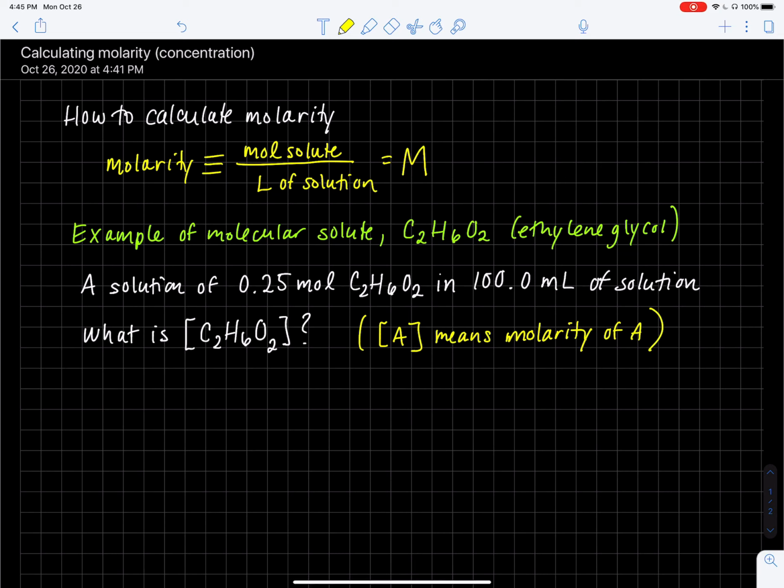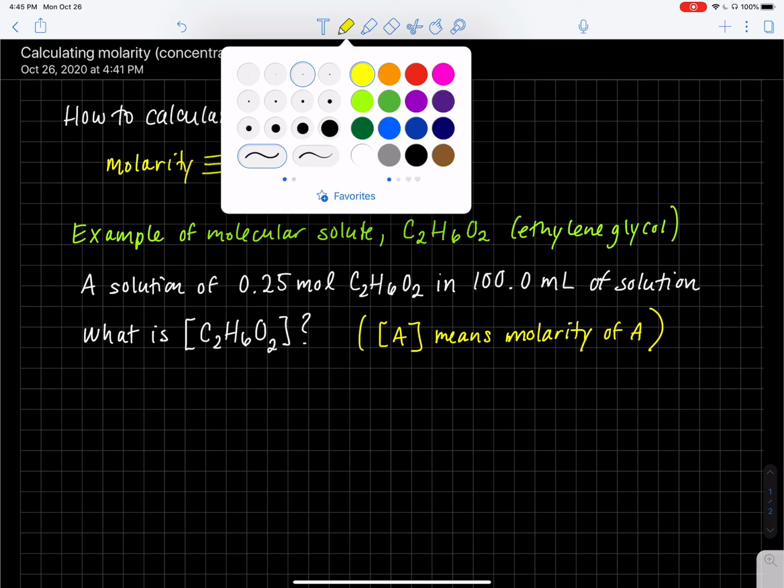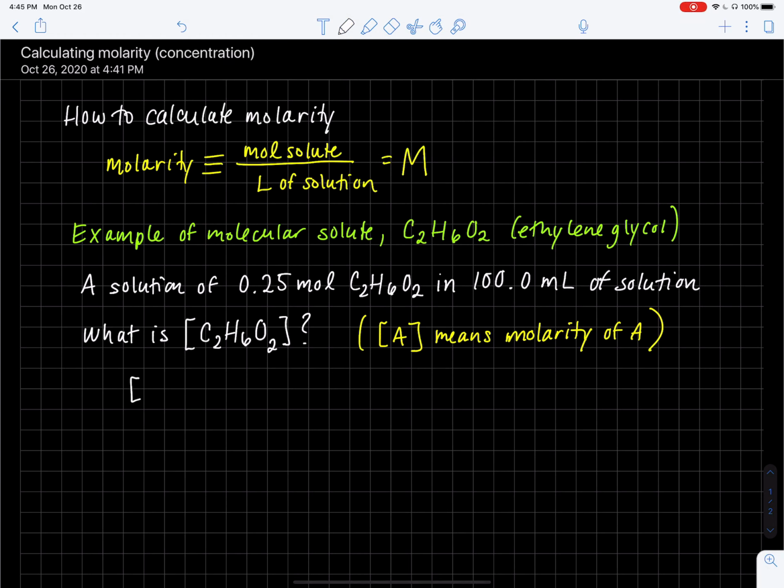If I say, what is square brackets of ethylene glycol, I'm asking you to calculate the molarity. And so I think the first thing to do is to write that out, the molarity of ethylene glycol, I'm asking you to tell me the moles of ethylene glycol divided by the liters of solution, which I abbreviate that way.